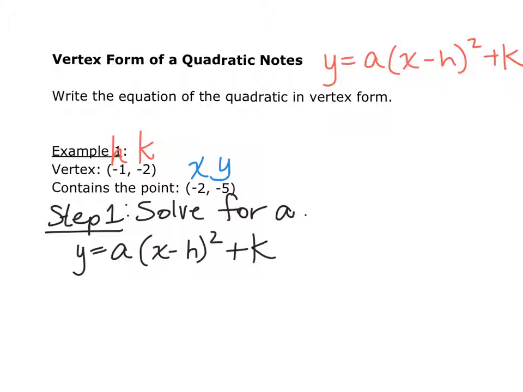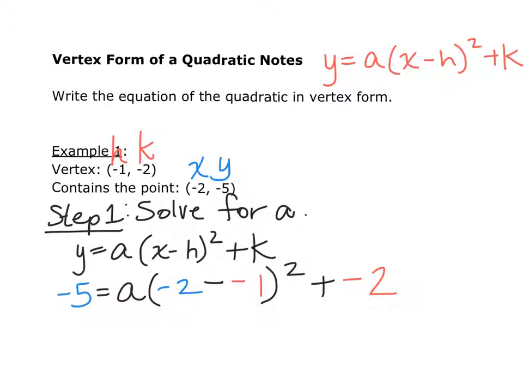Y'all ready? We're going to replace h, k, x, and y with those points for this parabola. So y is -5, so I'm going to replace y with -5 equals a times x is -2 minus h is -1 squared plus k is -2.